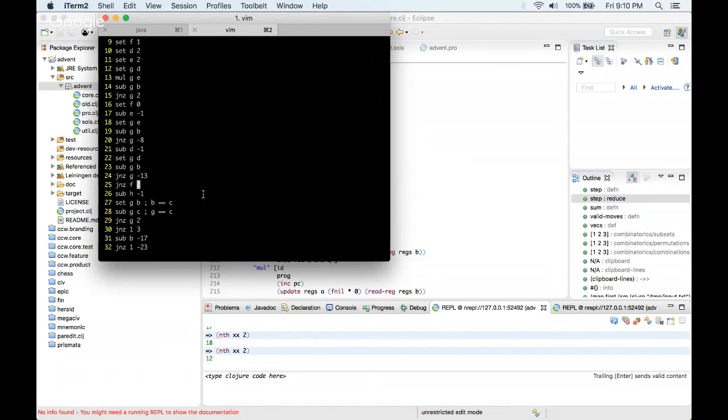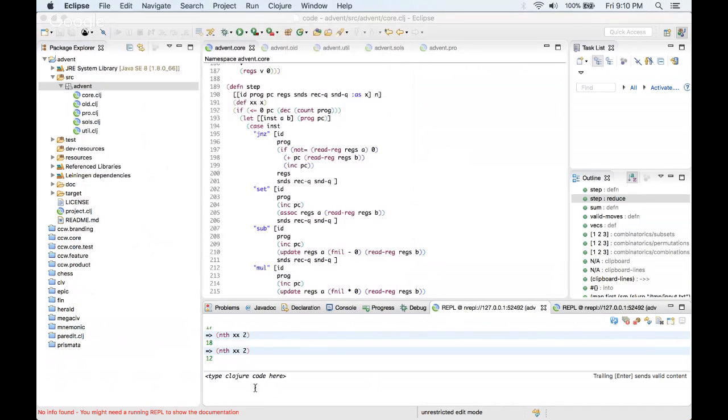Jump non-zero F. So basically, if we get to this point and if F is 0, then we're subtracting 1 from H. All right.